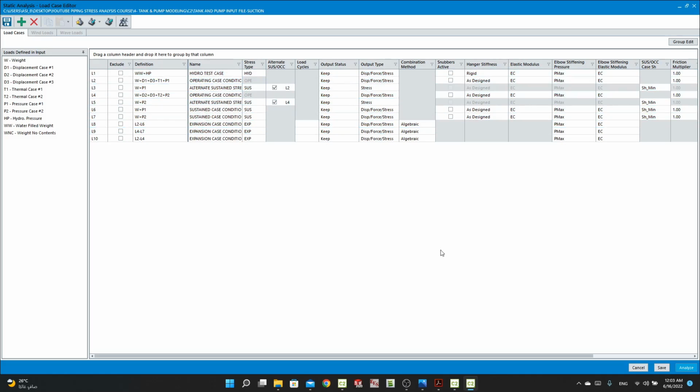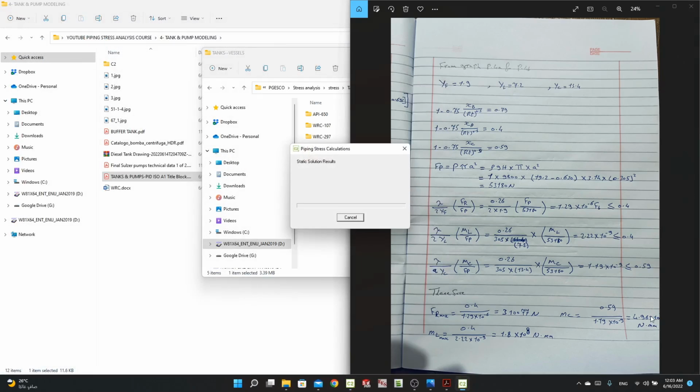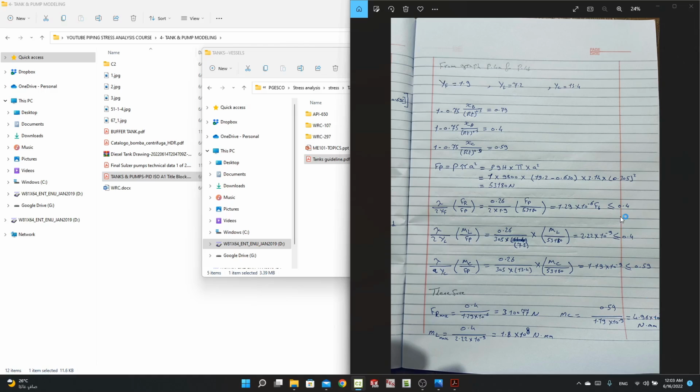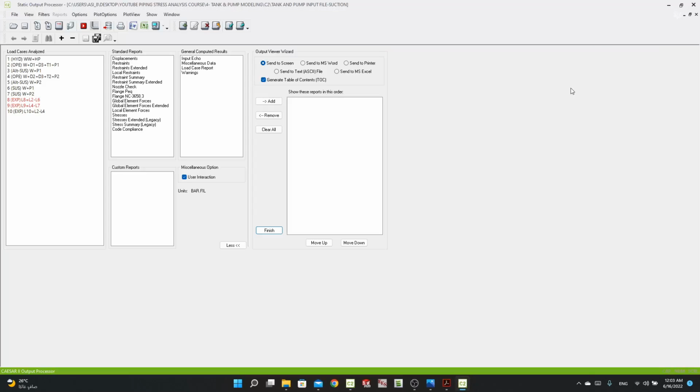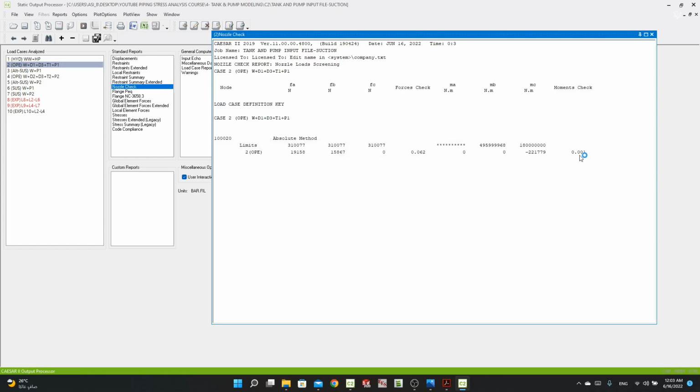Make sure our load case is right, then run the analysis again. And here in the nozzle check, we can check it against the operation. We don't check against the design case. And it shows that we are safe.